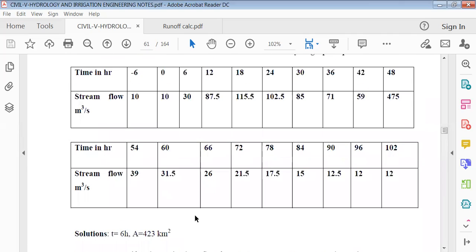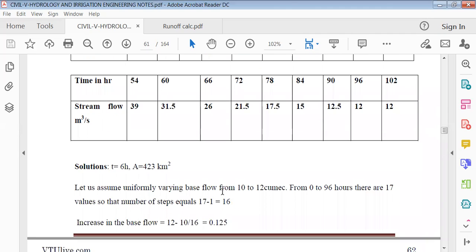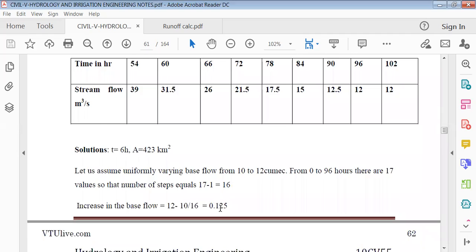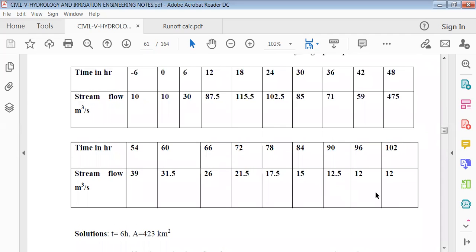We have fixed 10 to 12 as the range. This is 10, and the next discharge value is 12. So how much is the increase in the base flow from the first point to the last point? You can see here it is 10 to 12.